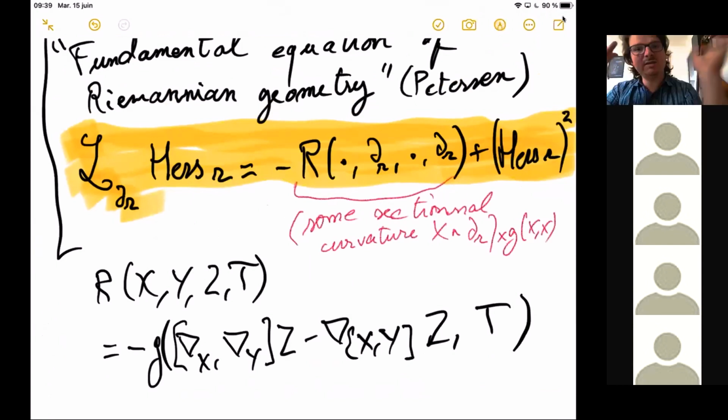So here we see that the sectional curvature, via this kind of matrix Riccati equation, controls the evolution of the extrinsic geometry of sigma. So the intrinsic curvature of M controls the evolution of the extrinsic curvature of these distance hypersurfaces. Okay.